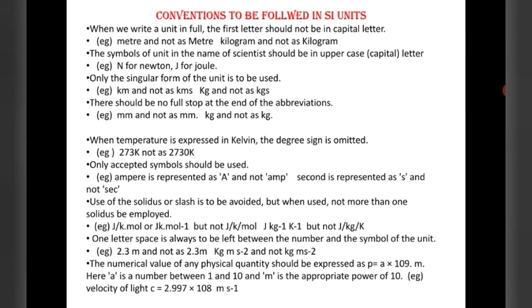You can see the gap between the number and the symbol. Here a is a number between 1 and 10 and m is the appropriate power of 10. For example, the velocity of light is very, very important, guys: c = 2.997 × 10^8 m s^-1. It is the power.